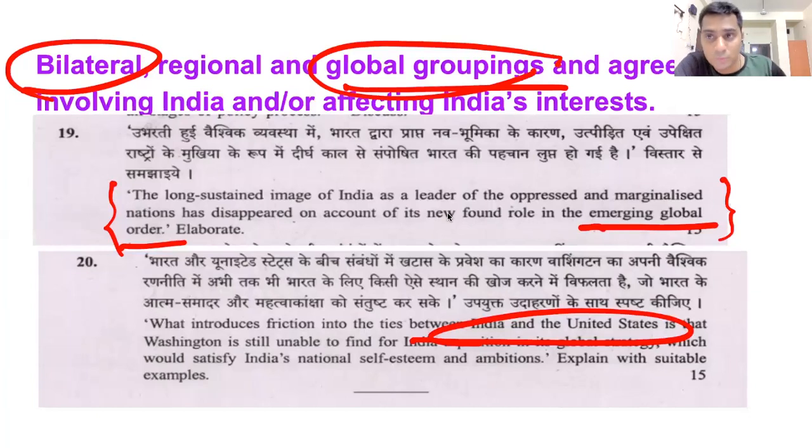There are almost 8 to 9 or 10 questions. Particularly, if you have observed, they are asking major questions on bilateral groupings, very important countries like India-Africa, India-China, India-USA, India-Russia, right? India-Japan, India-Europe. So you will have some knowledge. Whenever I study bilateral groupings in the extended neighborhood, what do I have to study?